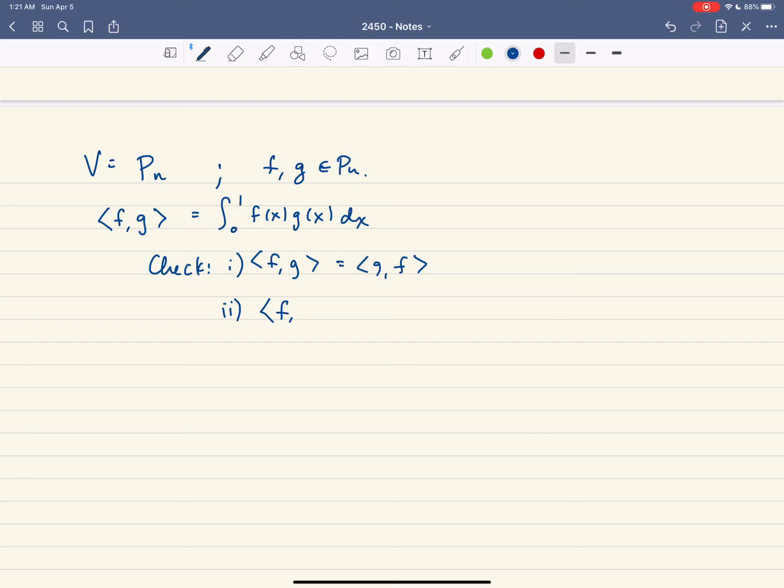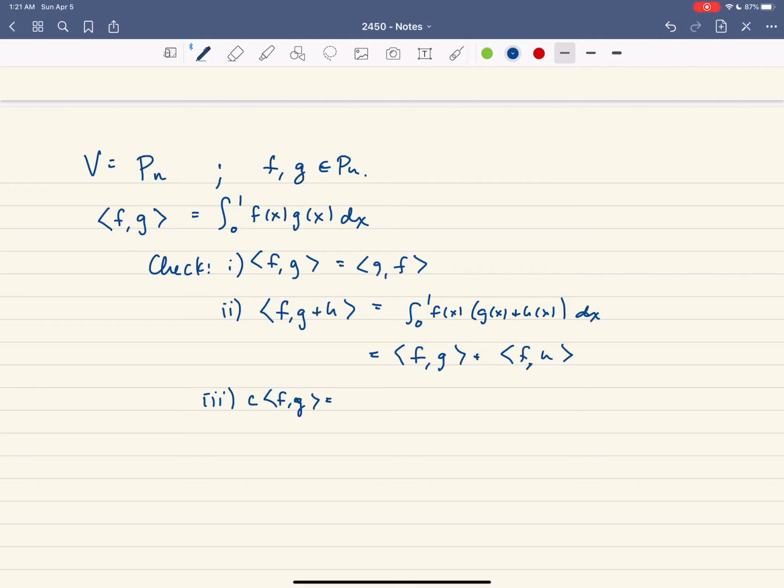If I were to take the inner product of f and g plus h, this would be the integral from 0 to 1 of f times g plus h. If you were to distribute that, you would see very quickly that this is the inner product of f and g plus the inner product of f and h. Okay, so again, I'll leave the details to you if you want to check that. We know that if we have a constant times the inner product of f and g, you can write that as a constant times the integral from 0 to 1 of f times g.